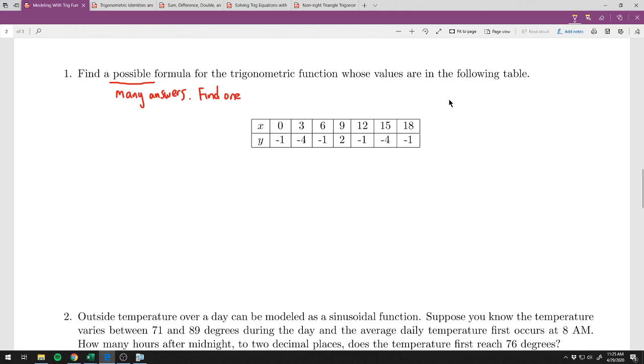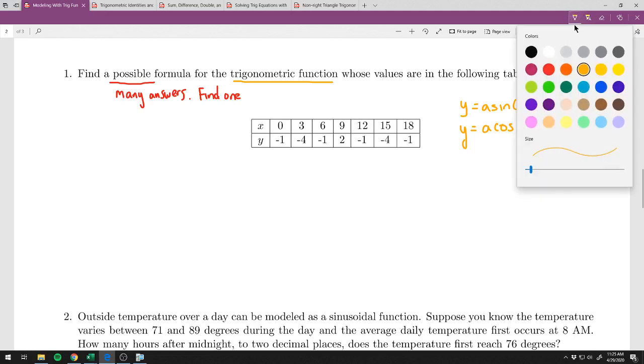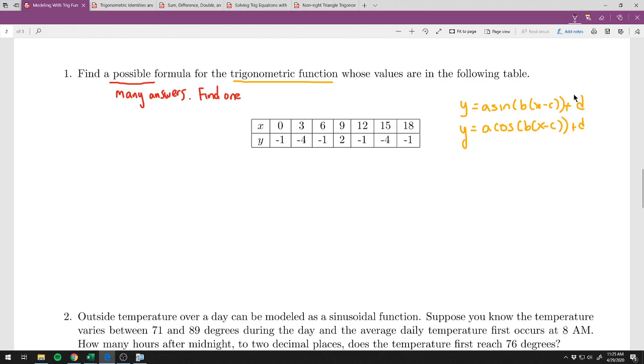I will go ahead and say, because we are told it is a trig function, sine or cosine function specifically, we've got y equals a sine of b times x minus c plus d. We've got our formulas for sine and cosine that it could be, just depending on which one we choose. Just reminding you, we are going to use one of these. We're not going to use both. But regardless of which one we use, we're going to have the same a, d, and b.